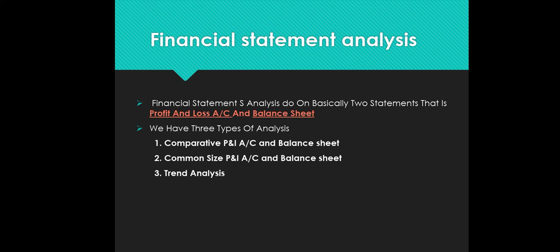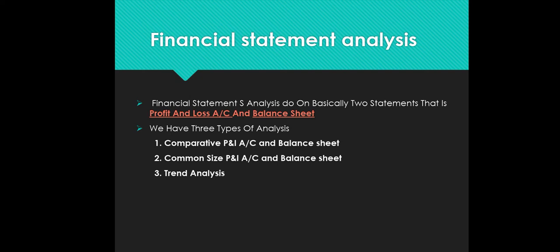The first one is comparative P&L account and balance sheet. Next, common size P&L account and balance sheet, and trend analysis. These are the types of analysis on profit and loss accounts and balance sheets.